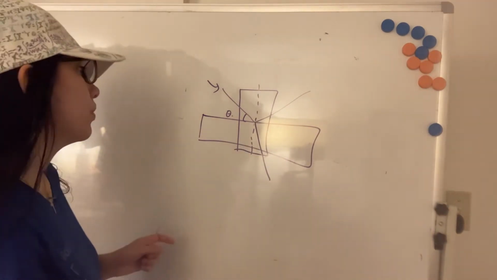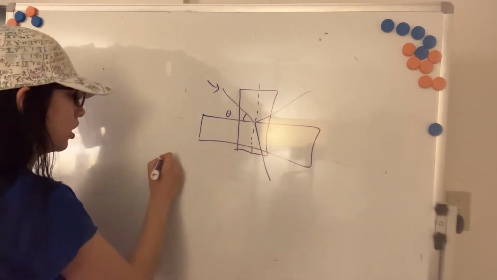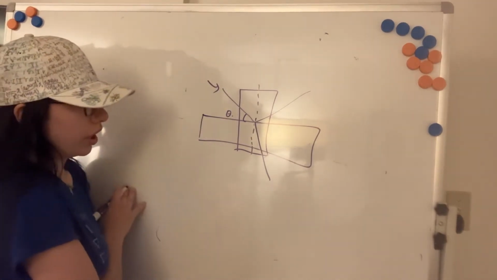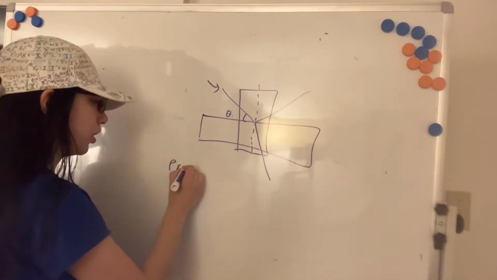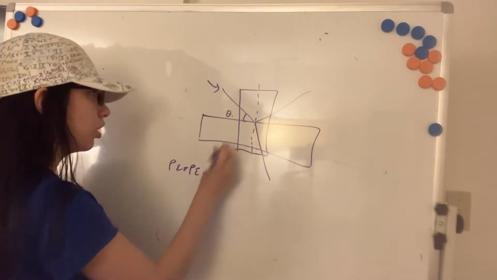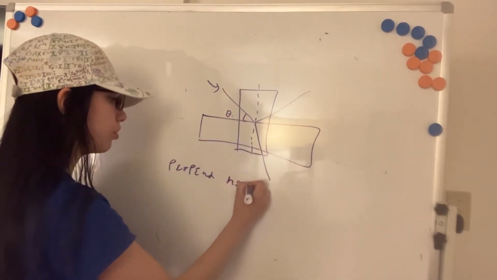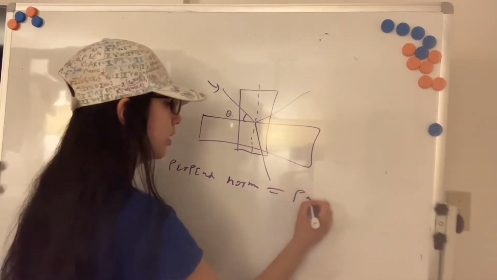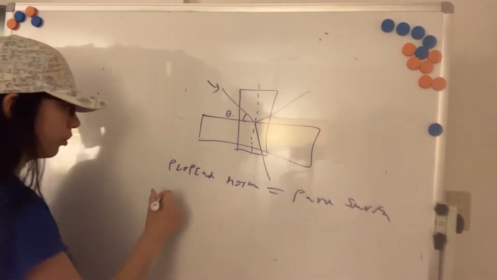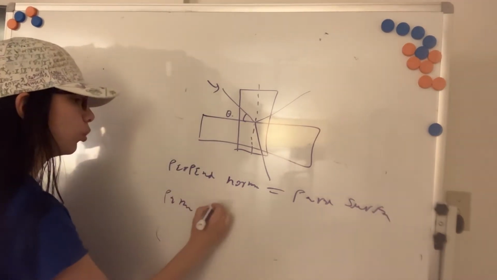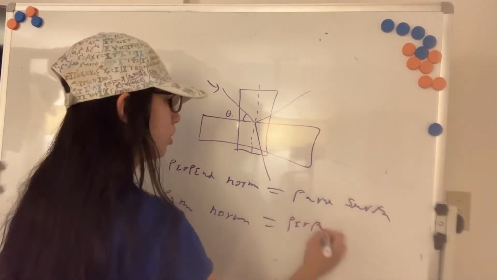So we could have that the incident light coming has the direction of polarization, so the direction of the electric field, perpendicular to the normal of the surface, that is the same as parallel to the surface, or parallel to the normal of the surface, that is the same as perpendicular to the surface.